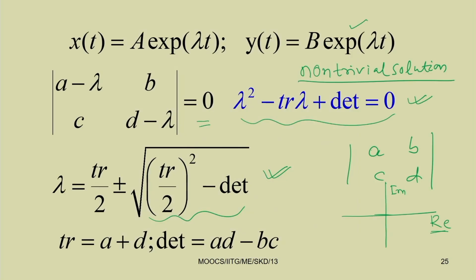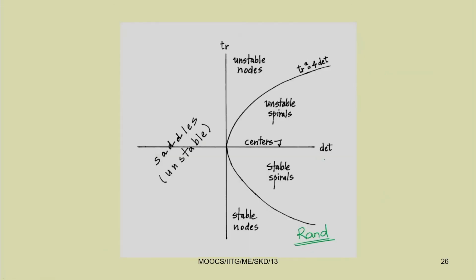In the previous case we plotted the real part and imaginary part, but here we are plotting the determinant versus the trace. If the point is in the left hand side, you will get a response which is unstable.